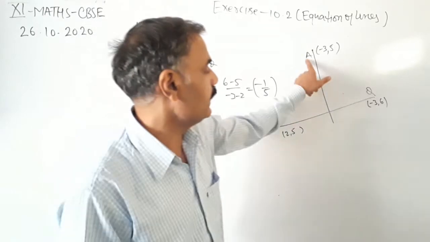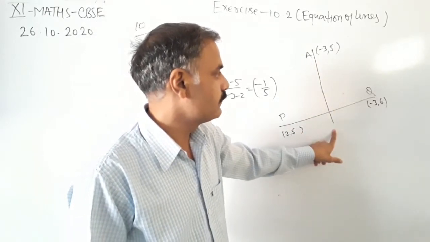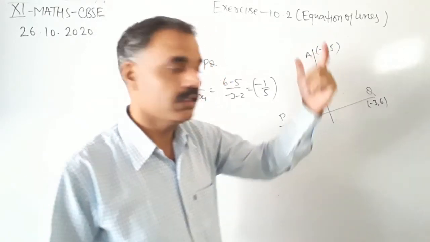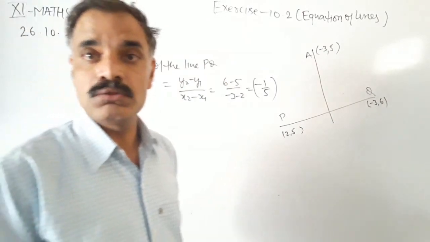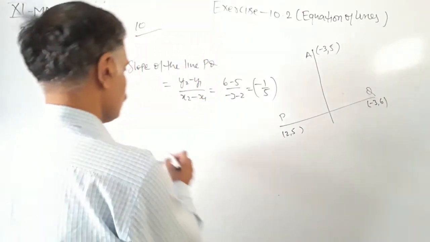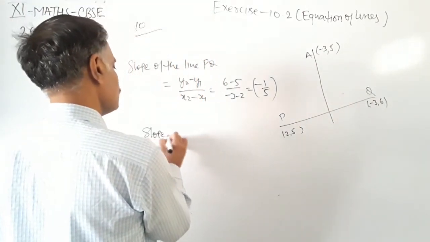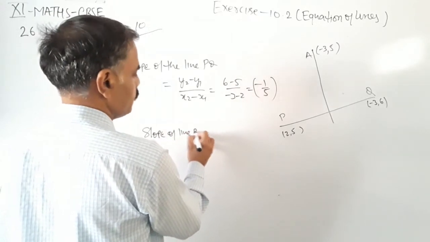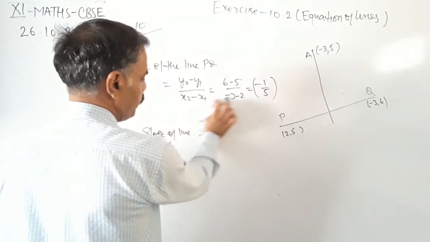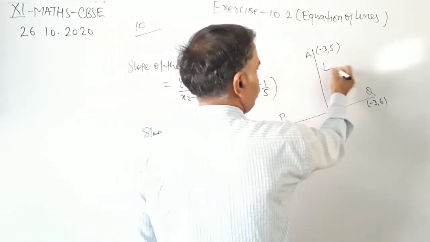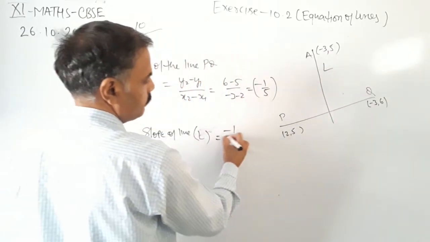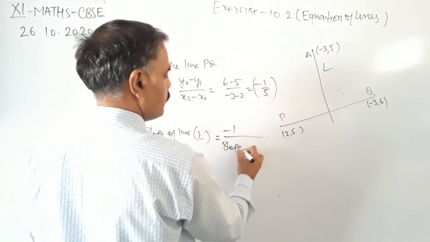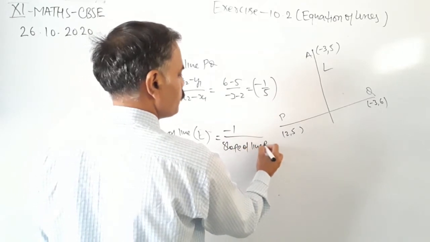Now this line passing through A is perpendicular to the line segment PQ. So the slope of line L is equal to minus 1 upon the slope of PQ.